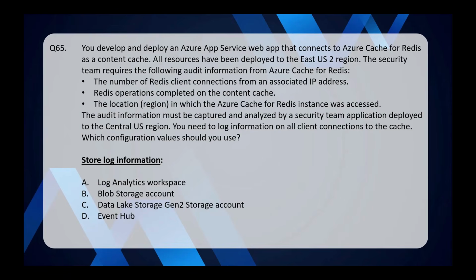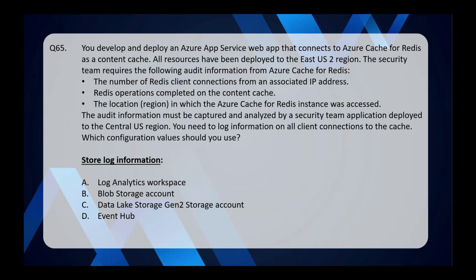The audit information must be captured and analyzed by a security team application deployed to the Central US region. You need to log information on all client connections to the cache. Which configuration values should you use?